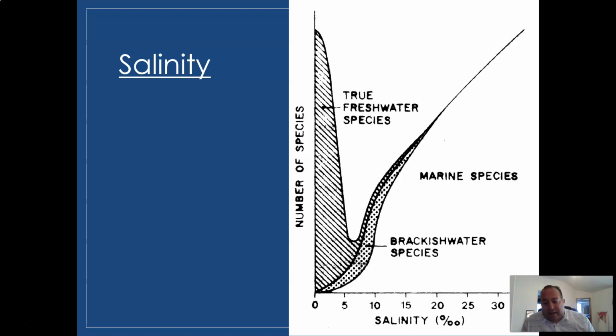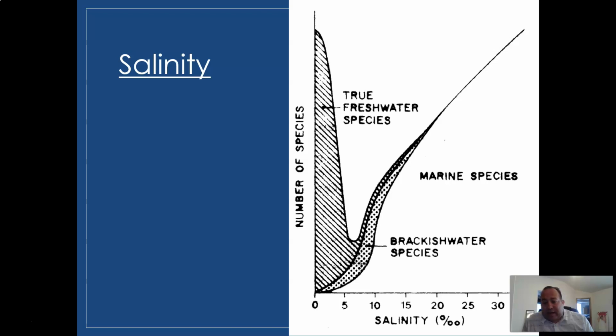If we have a little bit of salinity, between 5 and 10%, or a medium amount of salinity, we get a good amount of brackish species, because that's what we're going to see in our estuaries.